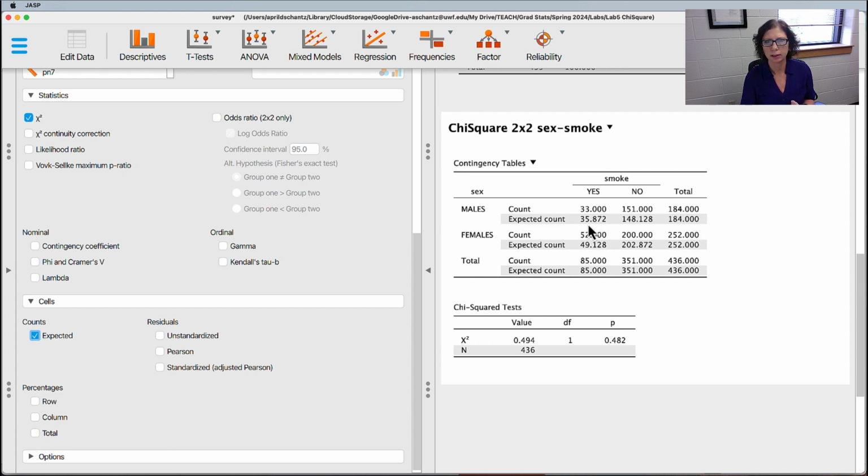We expected almost 36 males to say they smoke, but only 33 said they did. We expected 148 males to say they don't smoke, but 151 said they did.